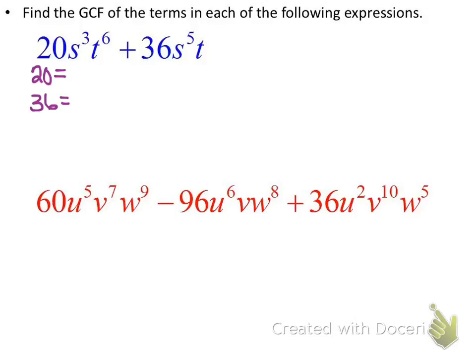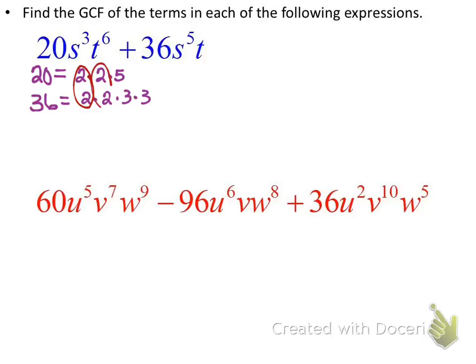Okay, so what do we have for 20? What are my prime factors? 2, 2, 5. And my prime factors for 36? 2, 2, 3, 3. And what numbers do they have in common? 2.